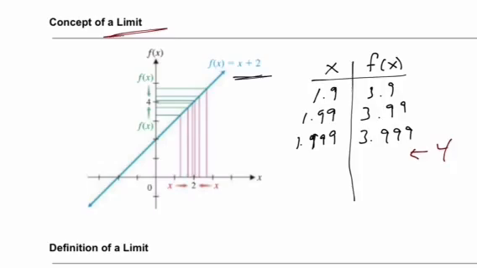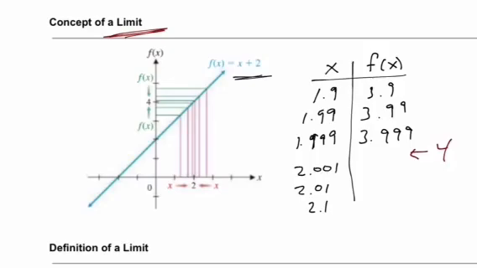But the idea of a limit is not interested in what's happening exactly at 2. We're really only interested in what's happening as we get closer and closer to 2. So on the other side, I could think about 2.1 and 2.01 and 2.001, values that are above 2.